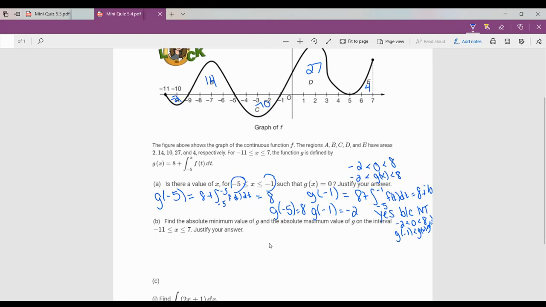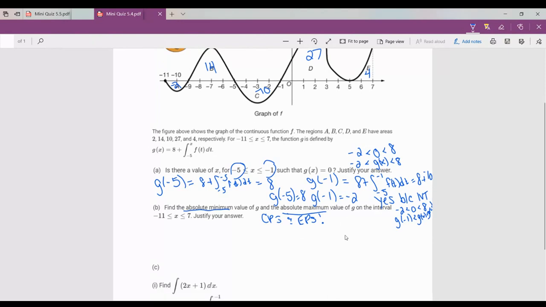Find the absolute minimum and absolute maximum. I hope you're thinking, oh, two things: CPs and EPs. We have to check our critical points and our endpoints of g, because it's asking for the max and min values of g.